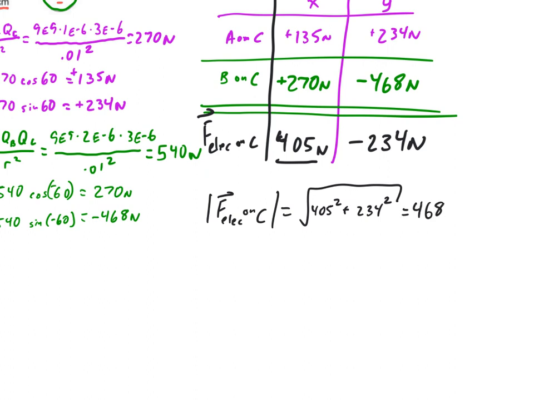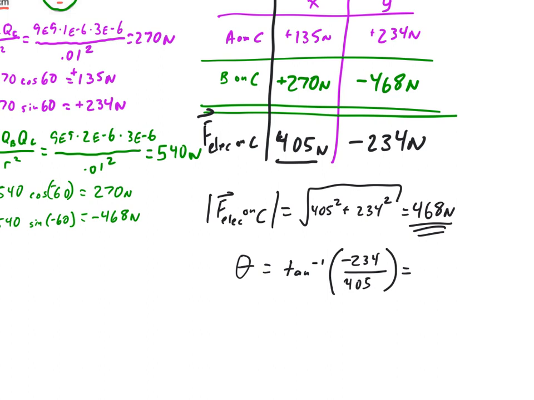At an angle, that'll be the inverse tangent. We're in quadrant 4, so I don't have to worry about the quadrant after that. The y part, negative 234, divided by the x part, 405. In general, I only worry about the quadrant if I end up with a negative in the denominator or a 0 in the denominator.